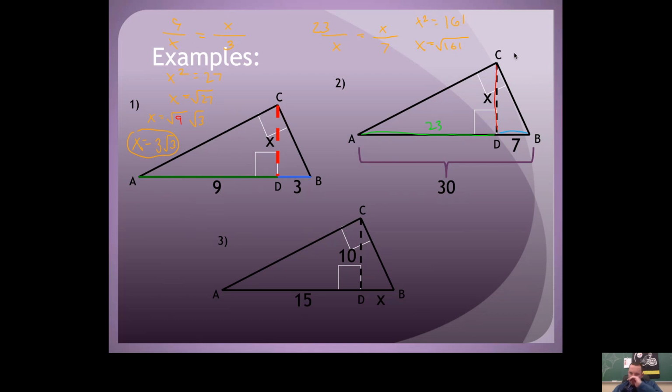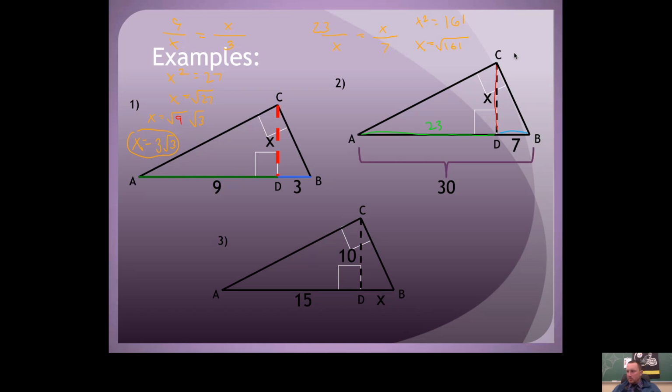So I'm going to start trying some. I have my perfect square list in front of me. That always helps. So 161 is not on the list.